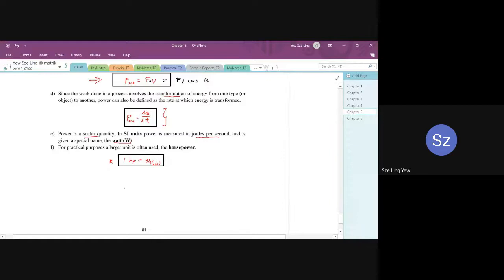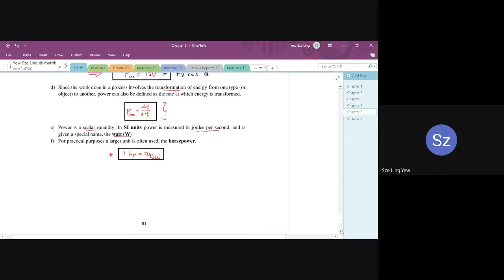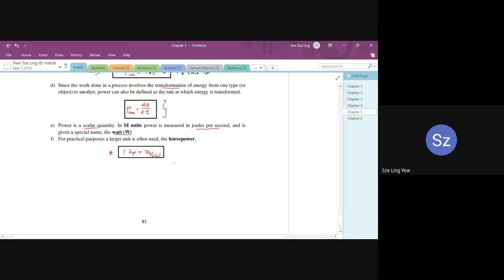You will see horsepower very often in university books, but not in the matriculation syllabus. If it comes out in the exam, I think the value should be given, because it is not part of our syllabus. This is just extra knowledge for you.